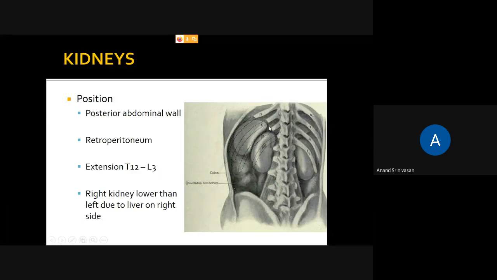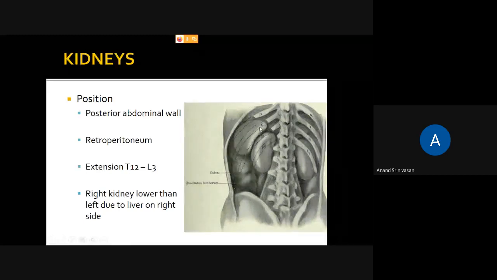It extends from T12 to L3, that is, thoracic vertebra level 12 to lumbar vertebra 3. If you see, the right kidney is at a lower position than the left kidney.